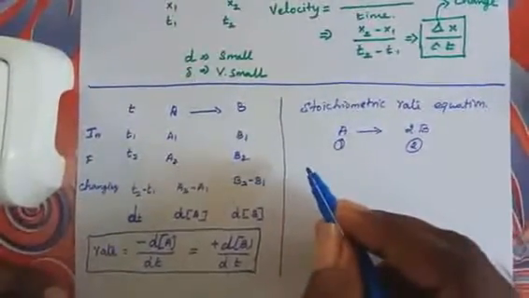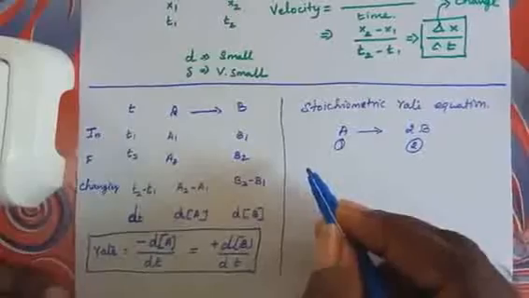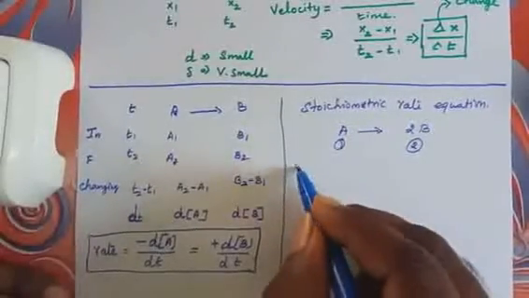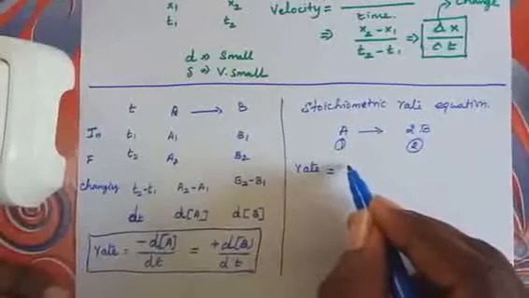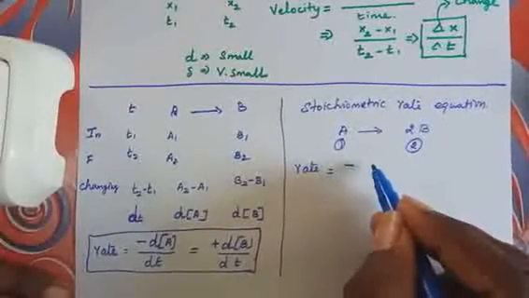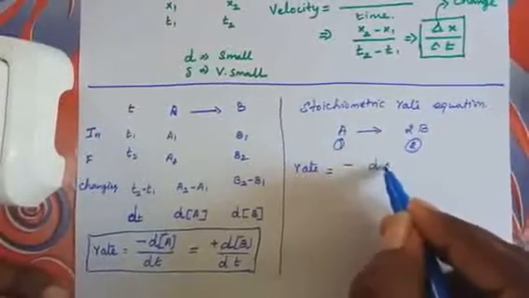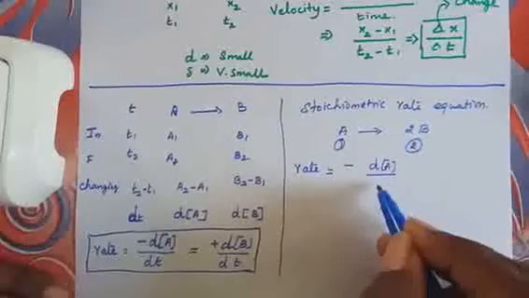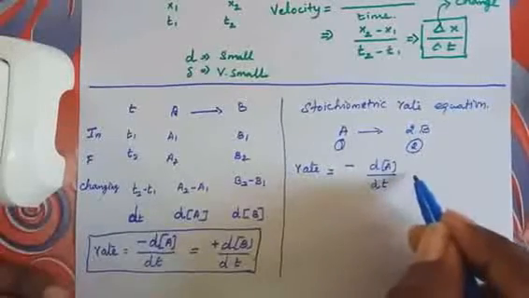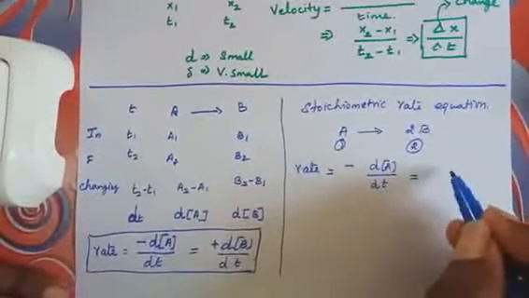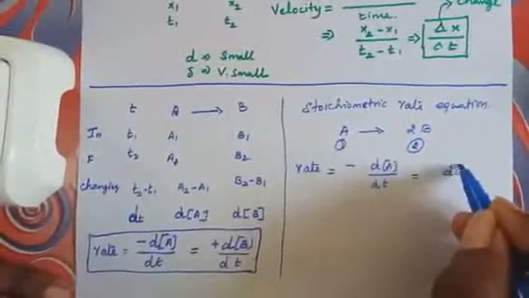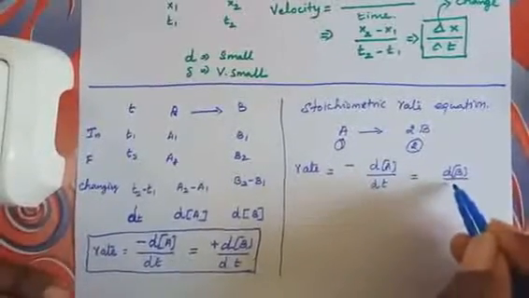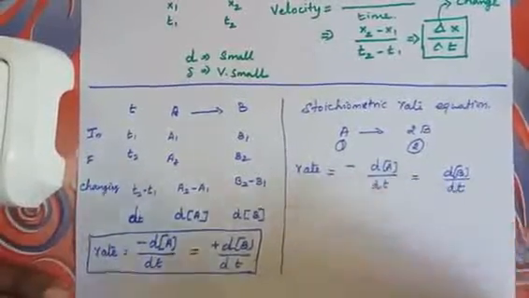Here, the rate expression is always calculated by using the above method. Rate of the reaction is defined as the disappearance of concentration of A with respect to changing time, or the appearance of concentration of B, the change in concentration of B with respect to time difference.